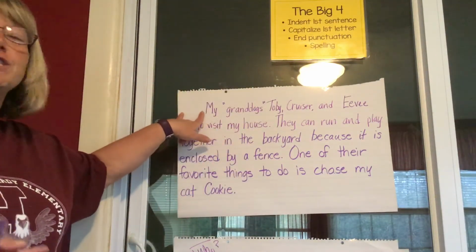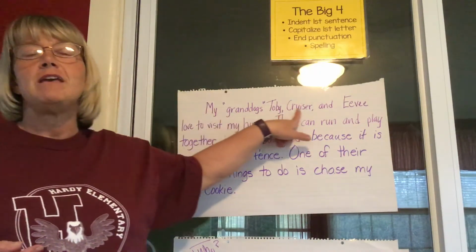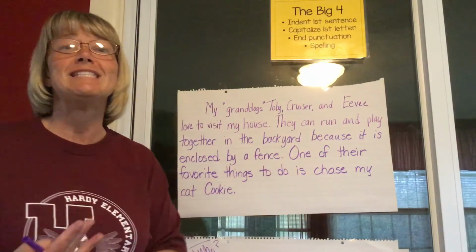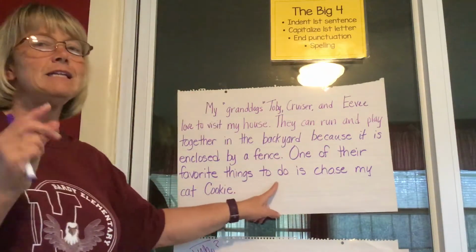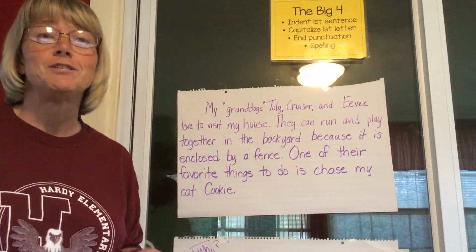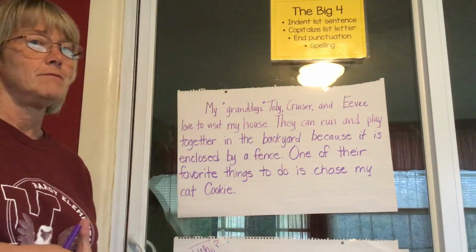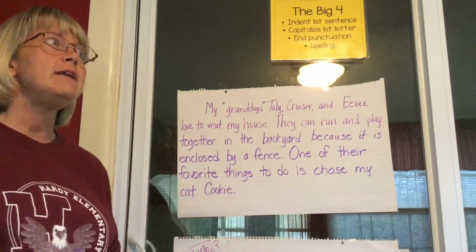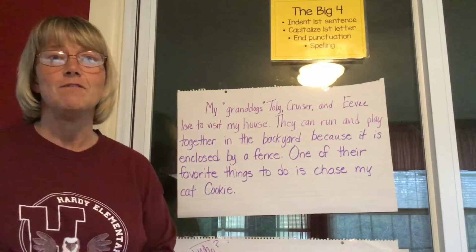Give me an indentation and start telling me about your characters. Start the first paragraph telling me about your setting. Give me a little hint as to what's to come so that your readers are going to want to read your story.